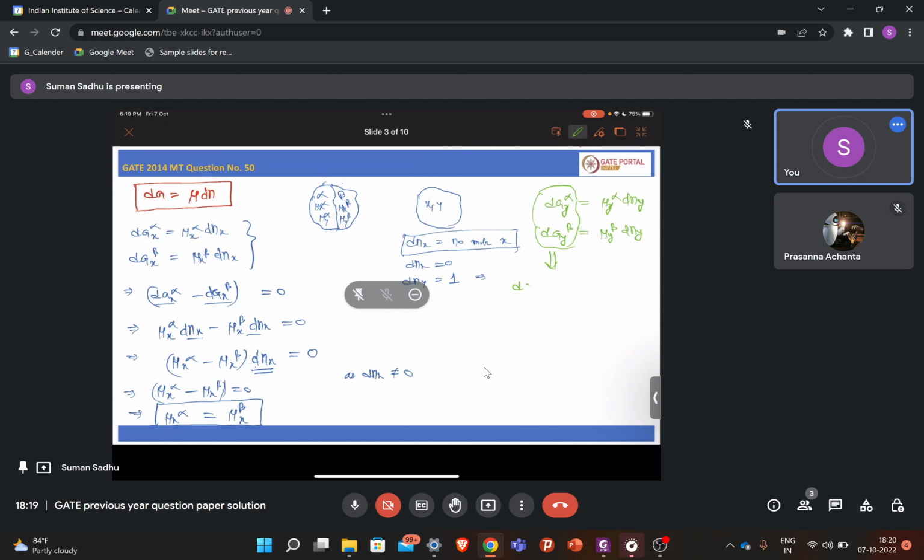That means dG y in the alpha phase is equal to dG y in the beta phase. At equilibrium, the free energy of component y in the alpha phase is equal to the free energy of component y in the beta phase. Then only it will be under equilibrium. So similarly, from here also we will get mu y alpha is equal to mu y beta, right?